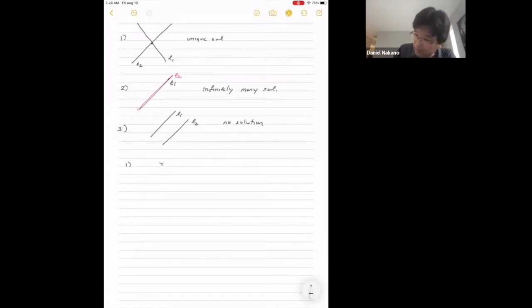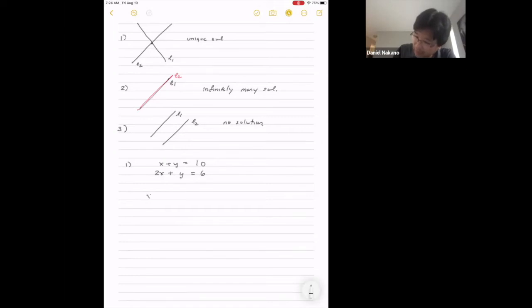So here's the example. x plus y is equal to 10, and 2x plus y is equal to 6. And what we did was we put this in terms of a vector equation by pulling the x out and then pulling the y out.